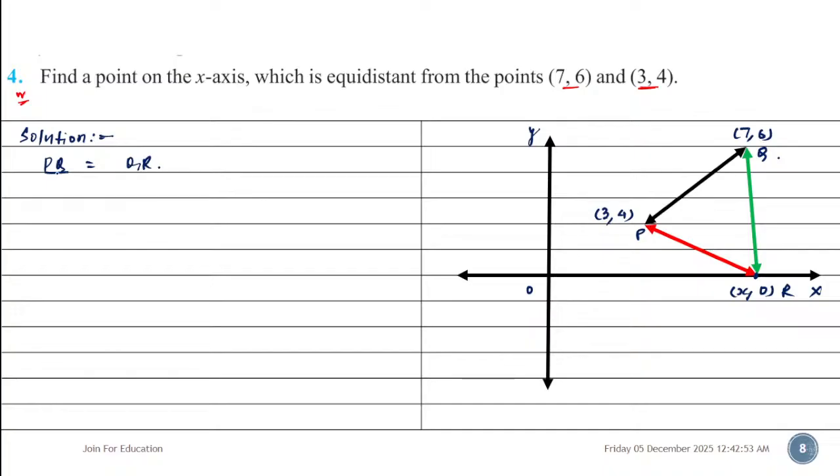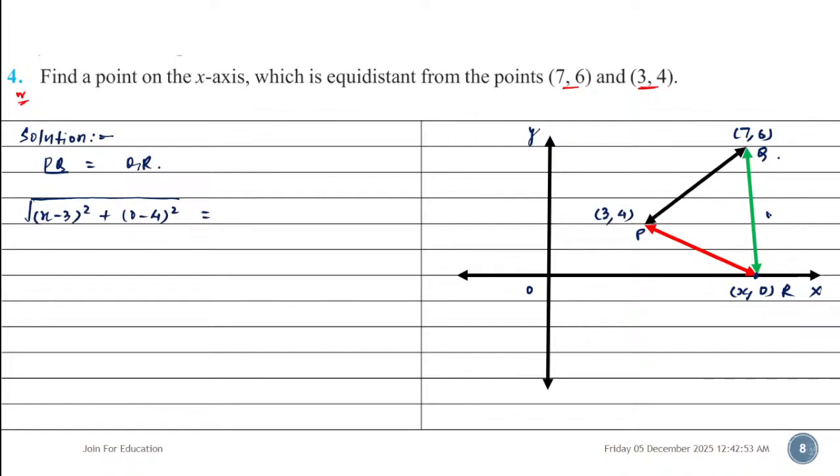PQ is the distance between P and Q. The coordinates of P and Q are (3, 4) and (x, 0). So here it will be the square root of (x minus 3) whole square plus (0 minus 4) whole square. This is PQ, equal to QR.